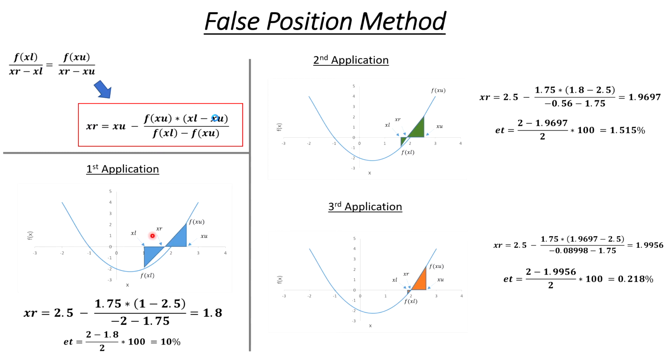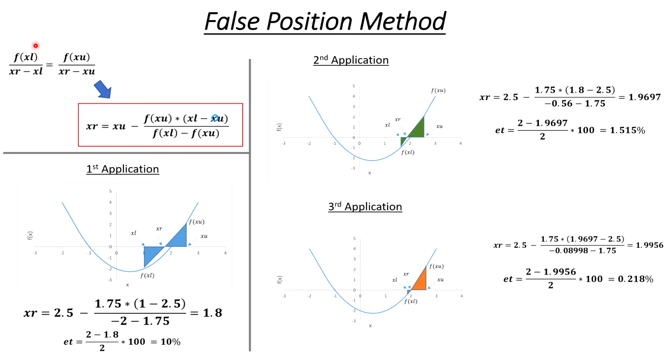Now let's actually derive the false position method and create an equation for XR. So how do we do that? If you notice with these two triangles, they're similar triangles in which the slope is the same, and we're going to use this fact to create an equation for XR. The slope for this triangle here is the rise, which in this case is the function at XL, and the run, which is XR minus XL.